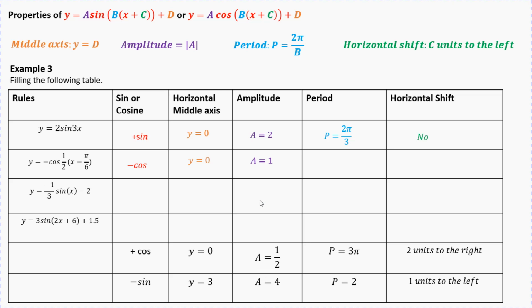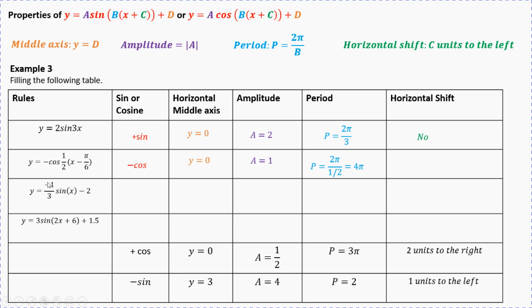Period should be using the number in front of x, which is half. So period should be 2π over that number b, which is half, and so p equals 2π over b. 2π over half is 4π.